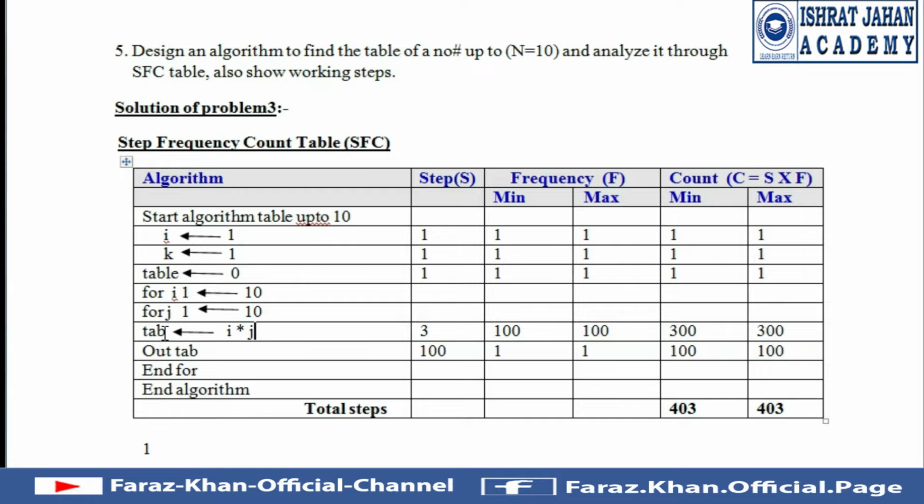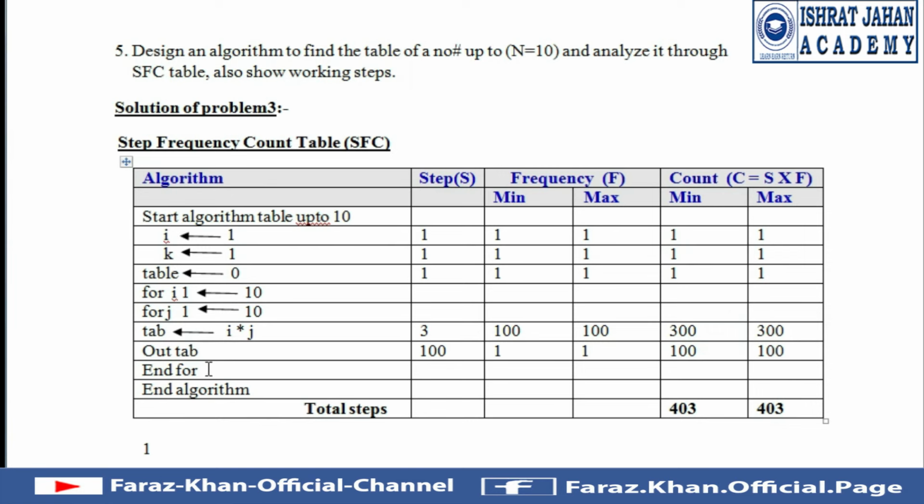J, I and tab, 3 identifiers are used, so I will write 3 over here. And I multiplied by j means 10 multiplied by 10, it will take 100 steps in minimum and 100 steps in maximum. 100 multiplied by 3 according to the rule, minimum 300 count and maximum 300 count.